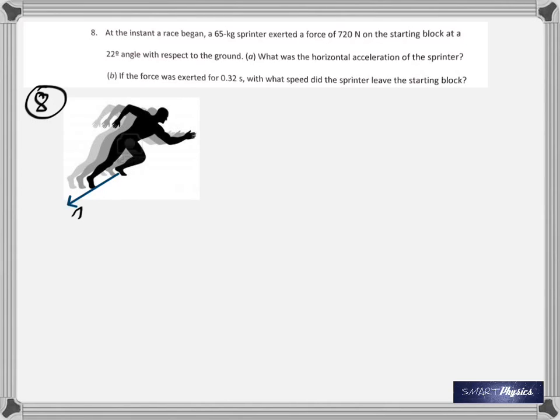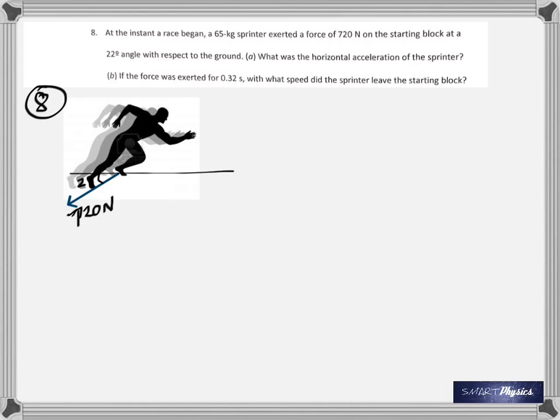So it's a 75 kilogram sprinter. He's exerting a force of 720 newtons at a 22 degree angle with respect to the ground. What was the horizontal acceleration? That word is important. That means we only look at the horizontal component of the force, correct? Okay, let's go because we have less time now. He's applying a force that way, 720 newtons, backwards.